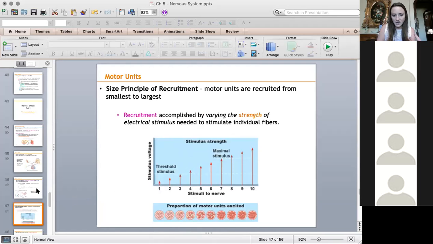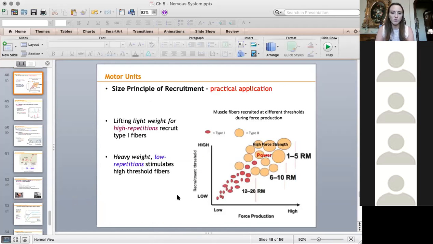This next slide continues, and this is where we gave the practical application of motor unit recruitment. If I'm lifting really light weights for a high number of repetitions, I'm only using my type 1 fibers because the task at hand is not very hard, and my type 1 fibers are all I need to help me lift that weight.